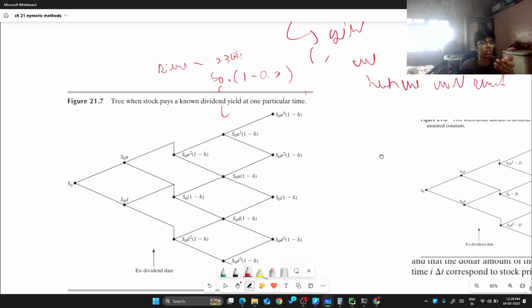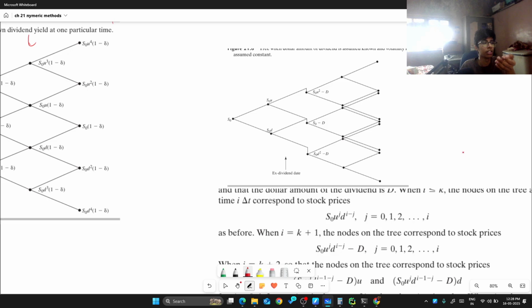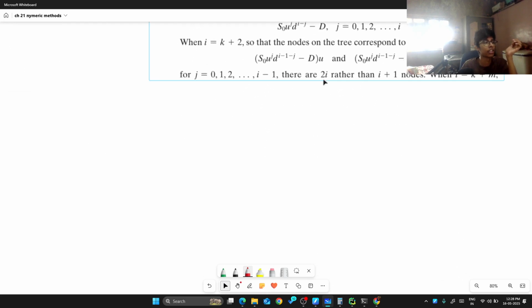And what if we know the exact amount of dividend? Then we can discount it, we can subtract it from the S0 price, right? Like we did earlier.